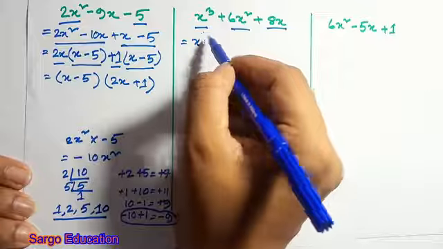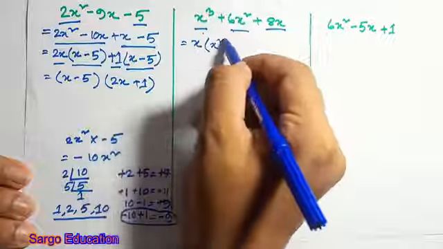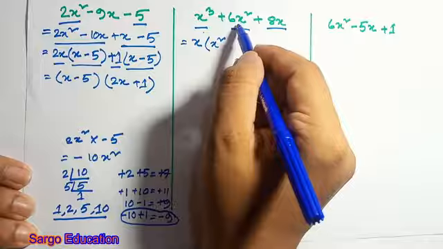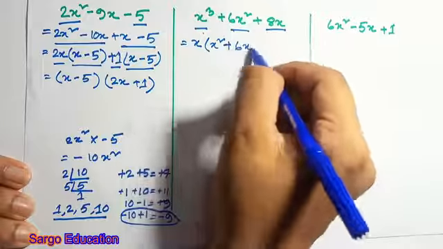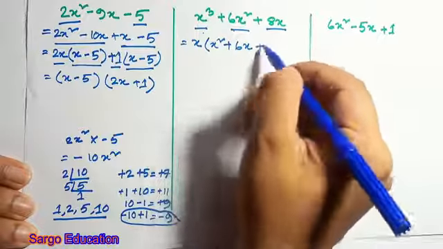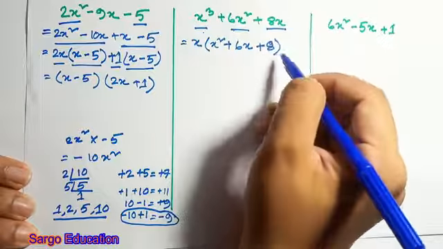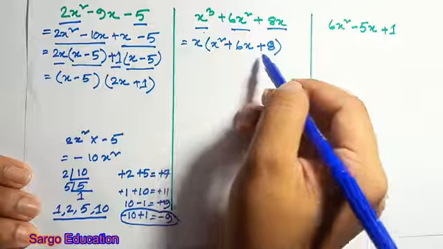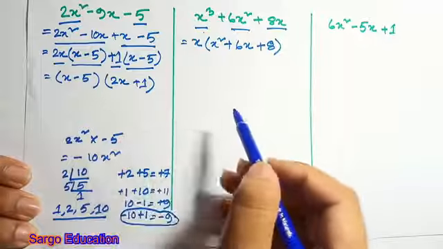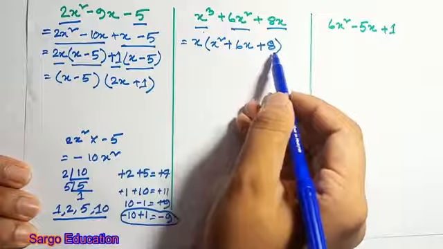Okay, if we take x common from here, then it remains x square, and x common from here, then it remains 6x, and after taking x common from 8x, then it remains 8. So these terms look like our middle term form.